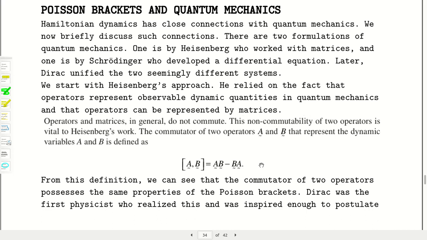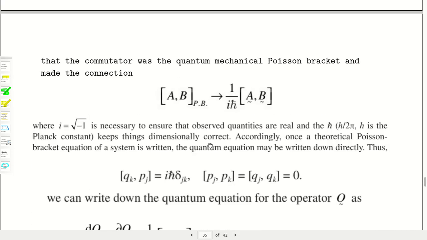It has a direct resemblance to the Poisson bracket. What is the resemblance? Here it is shown that the classical Poisson bracket, that is, the Poisson bracket in classical mechanics, will be transformed into the quantum mechanical commutator bracket if you divide the quantum mechanical commutator bracket by iħ, where i is the imaginary unit and ħ is the reduced Planck constant.